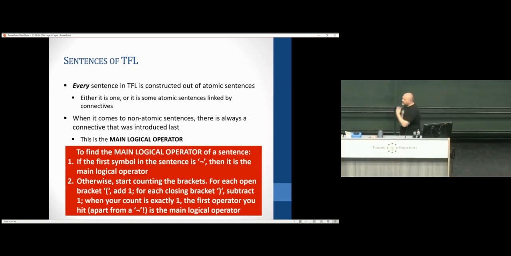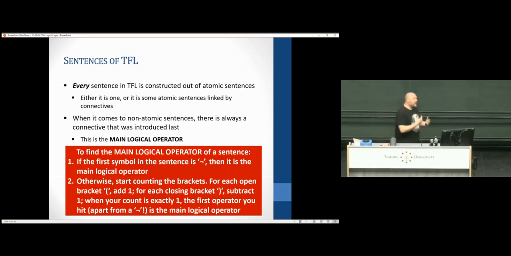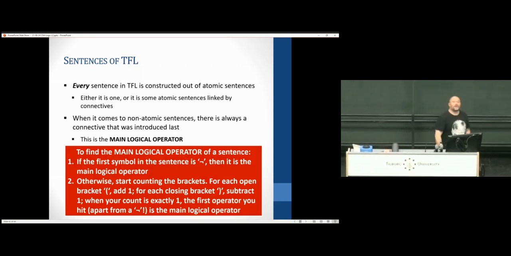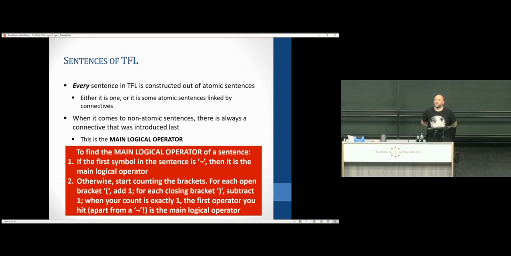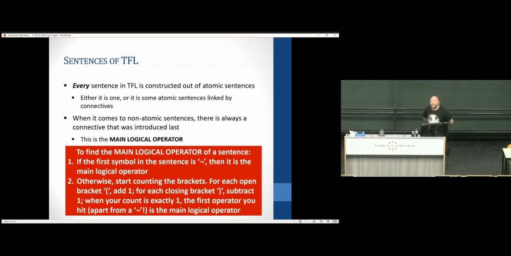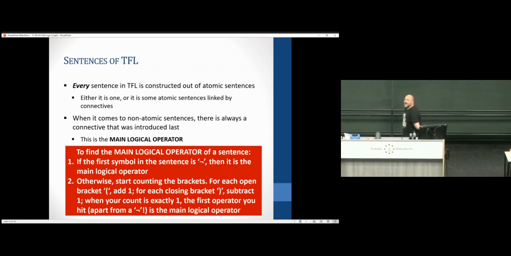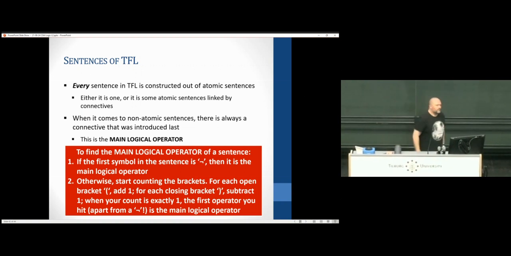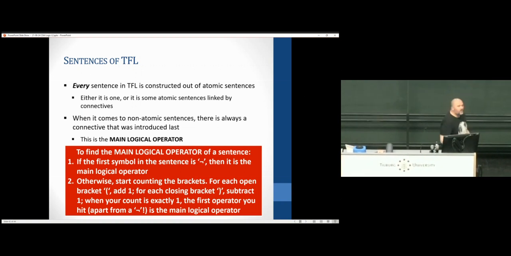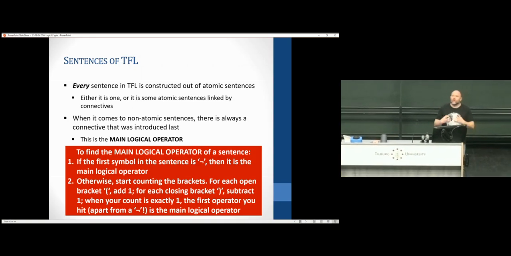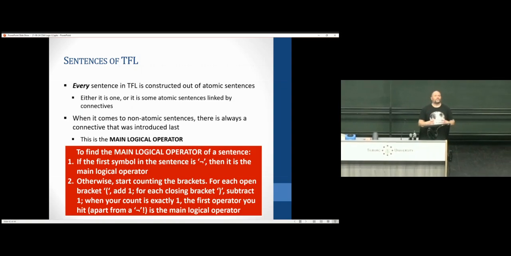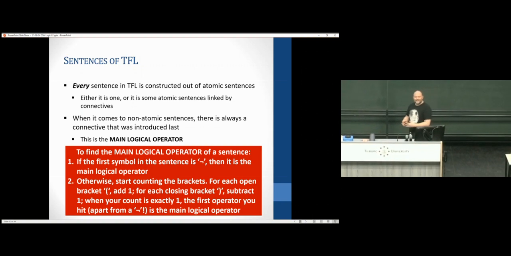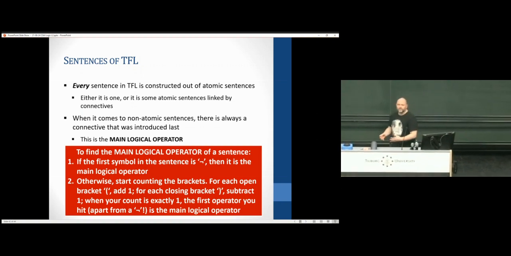So, a couple things to kind of wrap up here. Every sentence of TFL is going to be constructed out of atoms, in the sense that either it will be atomic or it will have atoms as parts. And when it comes to our complex sentences, the ones that aren't just atoms on their own, there's always going to be a connective that was introduced last.